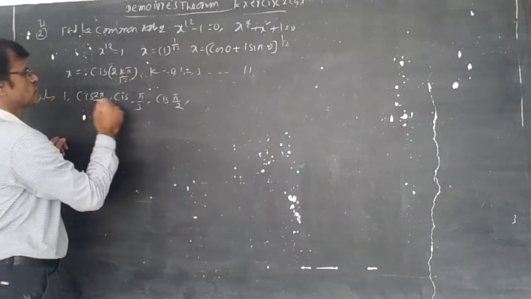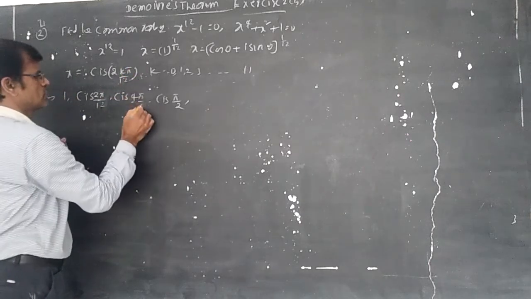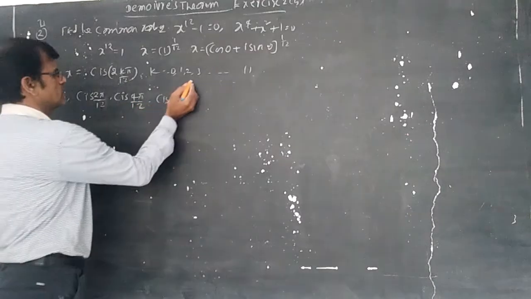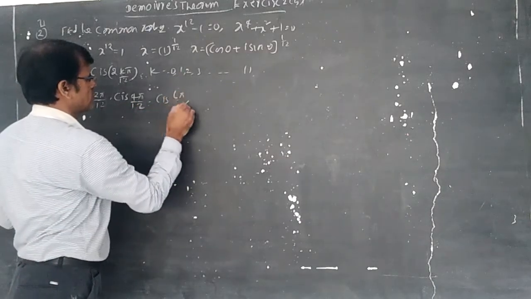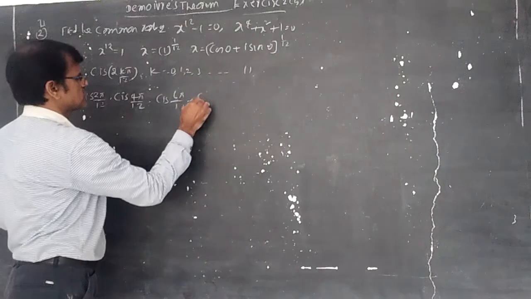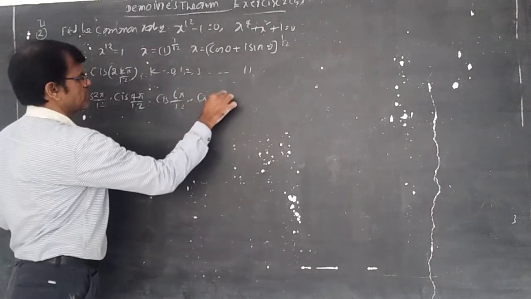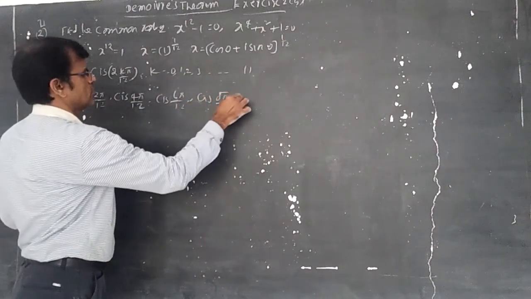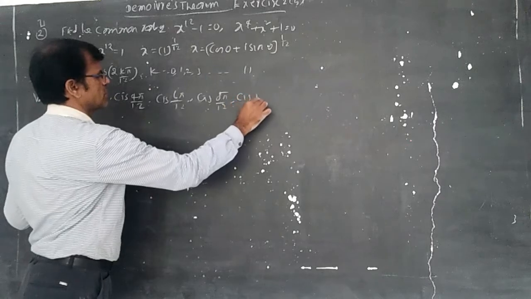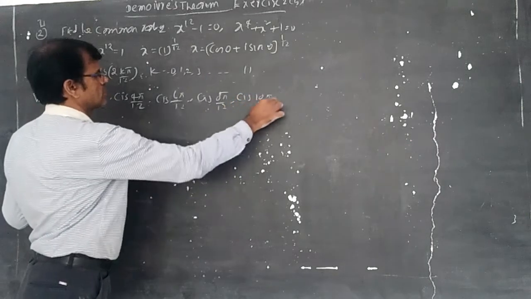If you put here 4 pi by 12, this is a better way. Next 6 pi by 12. Next 8 pi by 12. Next 10 pi by 12.